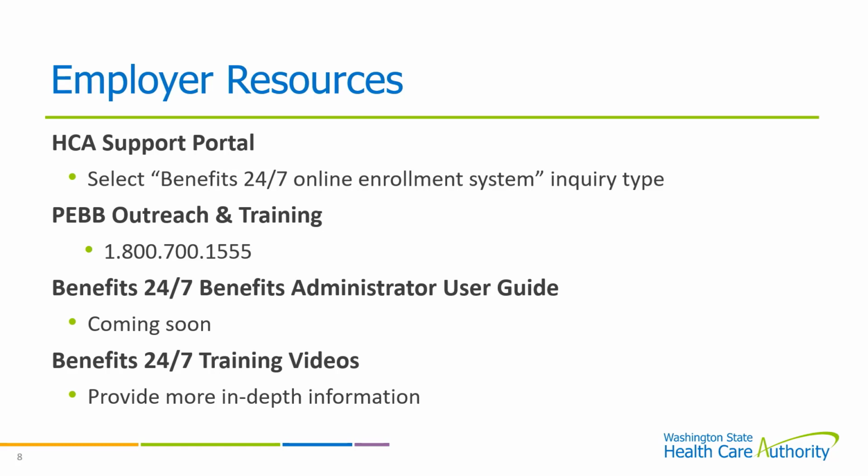You can also always reach out to our outreach and training team at the 800 number that's listed here. And even though we don't have this available yet, there will be a link coming soon to a Benefits 24/7 Benefits Administrator user guide. Finally, we will be continuing to create and post some additional detailed training videos for Benefits 24/7. The user guide and videos will be located on the PEBB Benefits Administrator website.